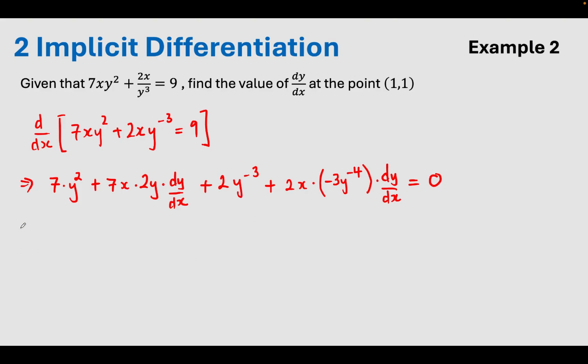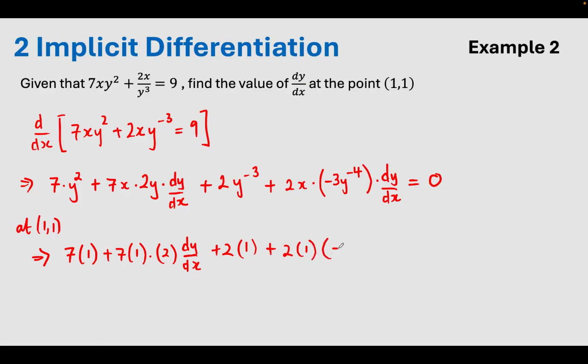So I'm going to do this. At (1, 1), I will get 7 times 1, add 7 times 1 times 2 dy/dx, add 2 times 1, because 1 to the minus 3 is still 1, add 2 times 1 times minus 3, because 1 to the minus 4 is just 1, times dy/dx, and that equals 0.